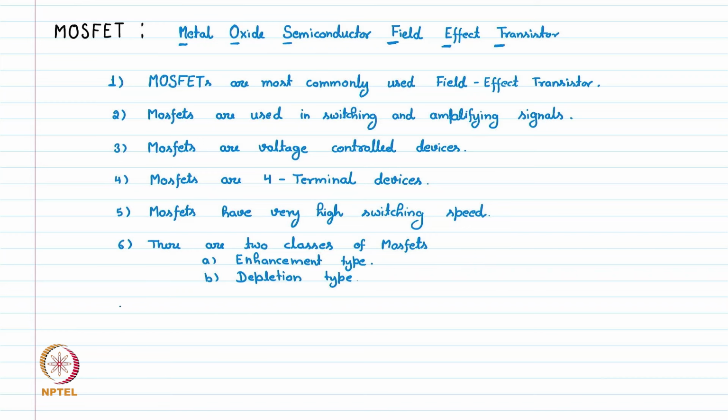And further in this classification there are two types of each one of these. One is the N-channel MOSFET and the other is the P-channel MOSFET.